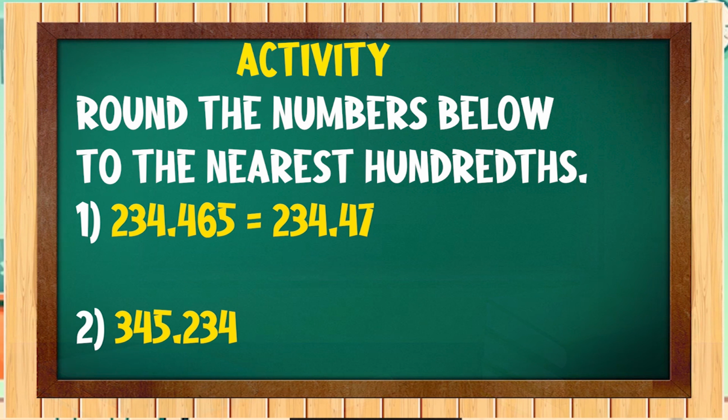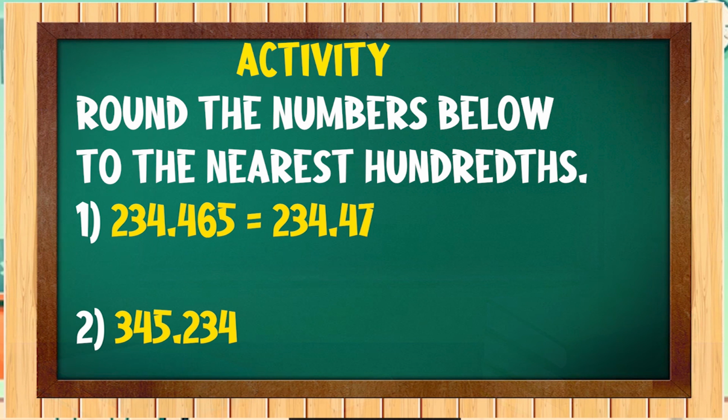What number is in the thousandths place? 5 is in the thousandths place. And we said once the number is 5 or more, we add 1 to the hundredths place. And the number in the hundredths place is 6. So when we add 1 to that 6, it becomes 7.